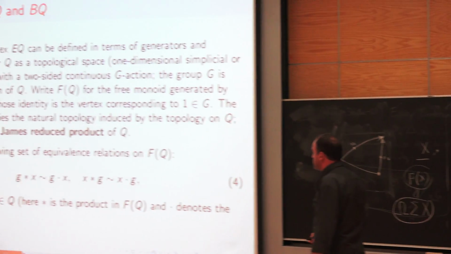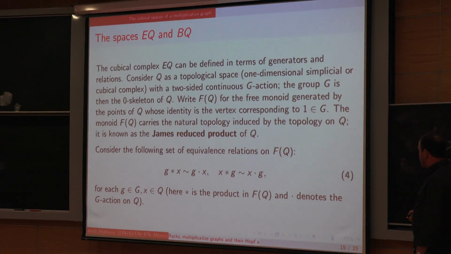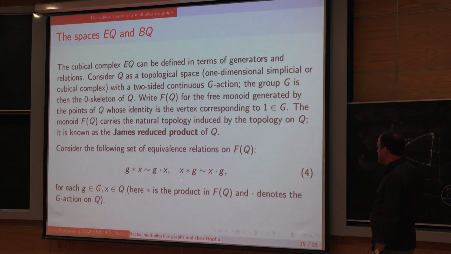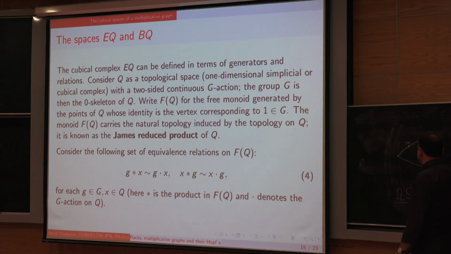All I want to say here is that we have this free monoid, and we can introduce a couple of equivalence relations here, which is that multiplying a vertex by a point on an edge, multiplying it in this free monoid, should be the same thing as the left action of this vertex on this point, and the same thing with the right action.